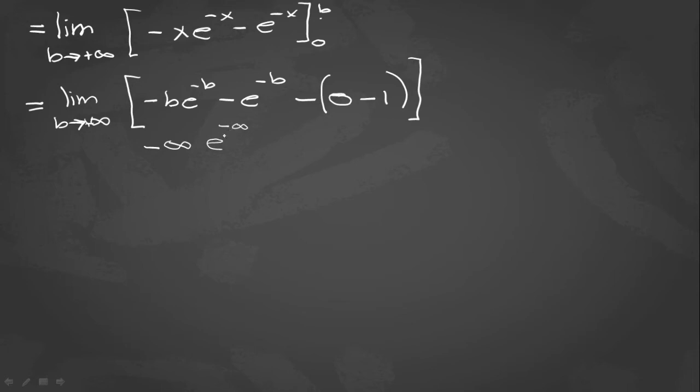Thus 0 multiplied by negative infinity is equal to 0. Now the value of our integral: this term becomes 0, then minus multiplied by negative 1 is positive 1. So we have 1 here. Thus our limit exists and it is convergent.